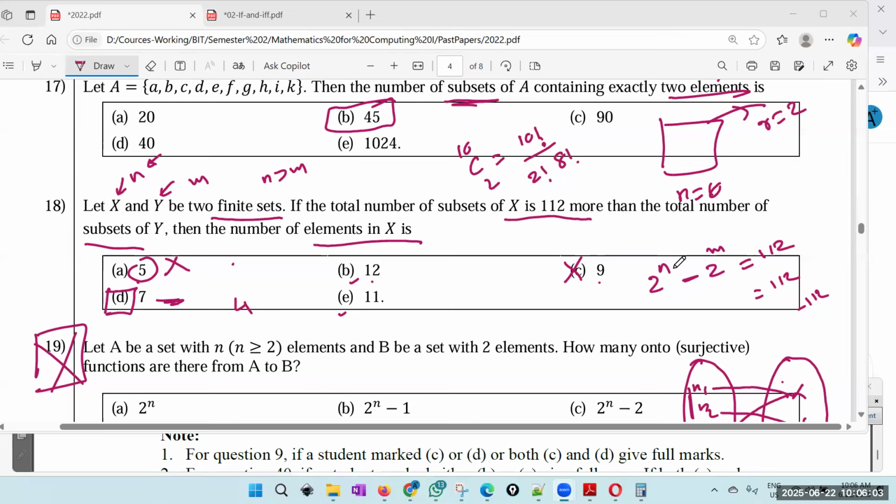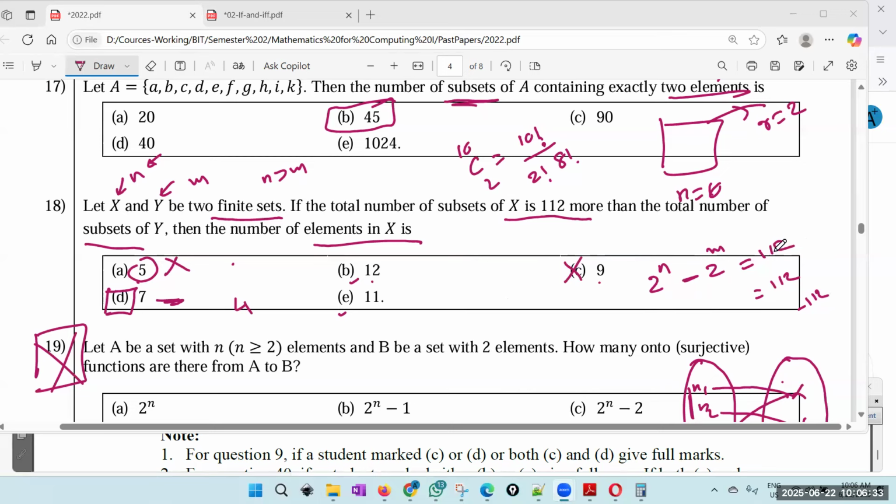Because we have two variables and one equation, we need to do a bit of trial and error. You can't solve it when we have one equation and two variables, but when we have the answers, we can do it. So I took the smallest one as my n, and checked whether it is possible, because 2 to the power 5 is 32.